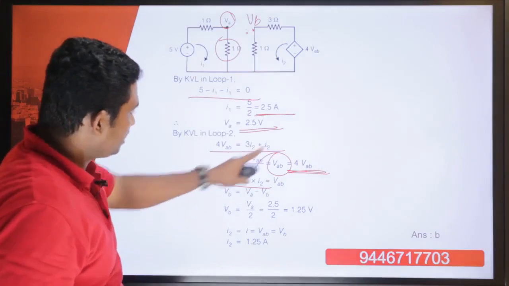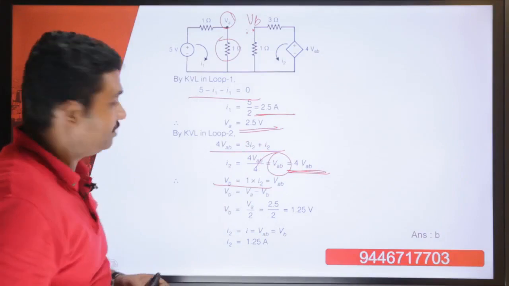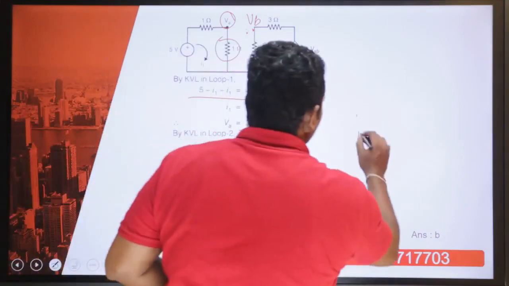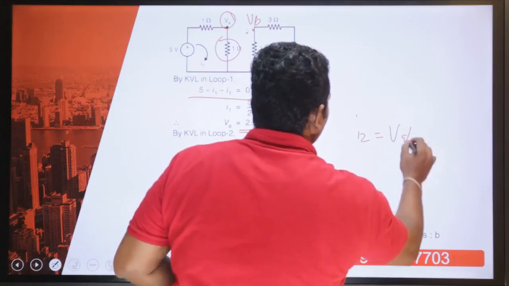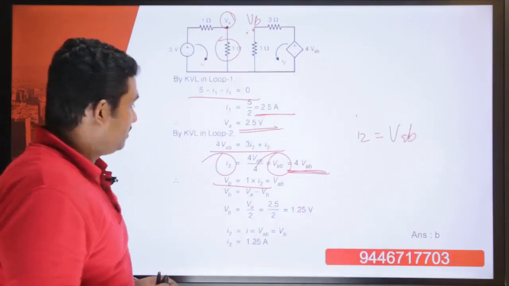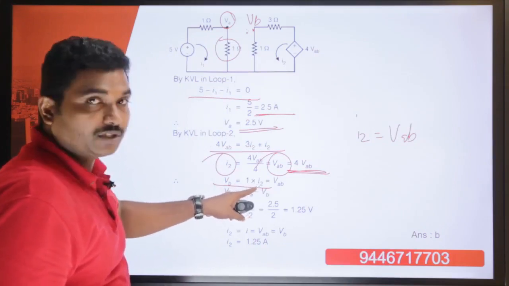So isolating I2, it becomes 4 VAB divided by 4, which is equal to VAB. So from this we have a valuable expression, I2 is equal to VAB. So for I2 we can substitute VAB.